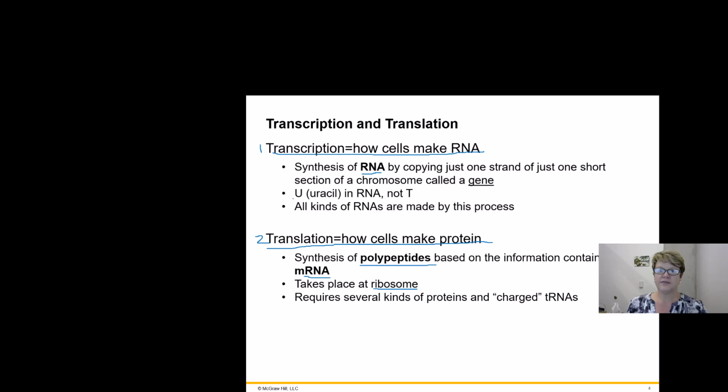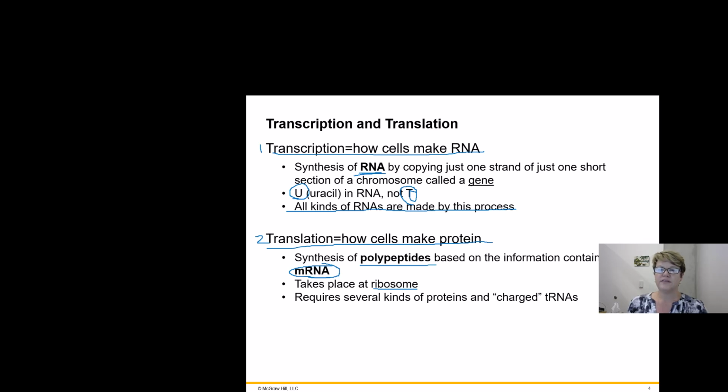I pointed out that RNA contains uracil as one of the nitrogenous bases, not thymine. And there are actually lots of kinds of RNAs. We're going to be focusing on one called mRNA, but any RNA that you ever see mentioned is produced by transcription. So all RNAs are made by transcription.